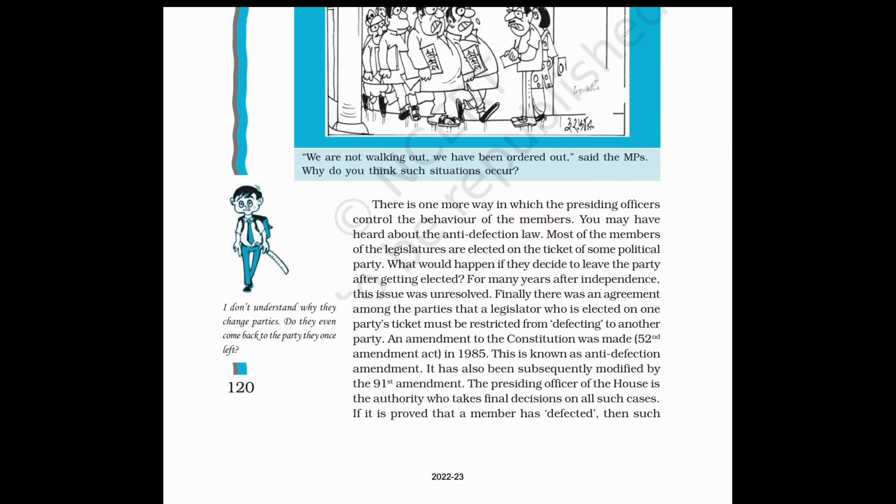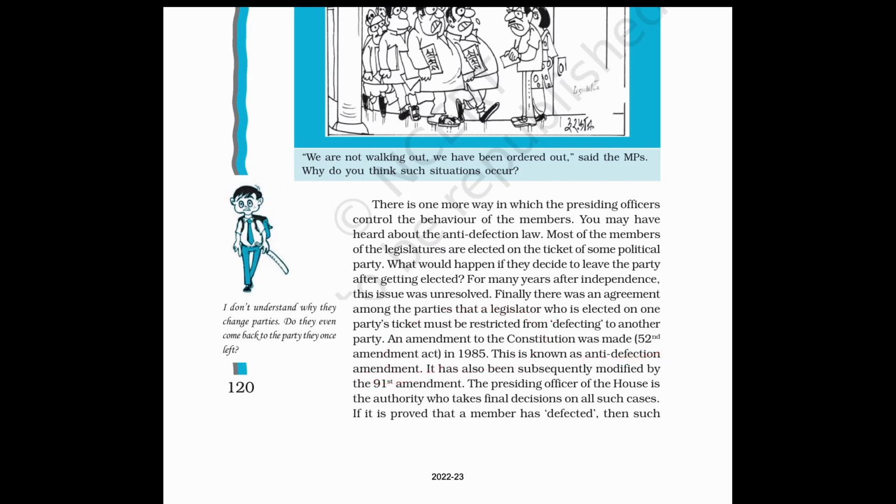But in short, let's say you have been elected from one particular party, and after that you just switch to another party. There are other provisions also which deal with the anti-defection law, that you cannot just easily go to the other party. ठीक है, so ये सारी चीजें हैं, and then amendment आया 1985 में जिसको anti-defection law बोलते हैं.